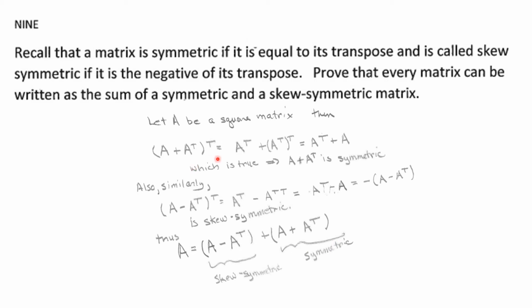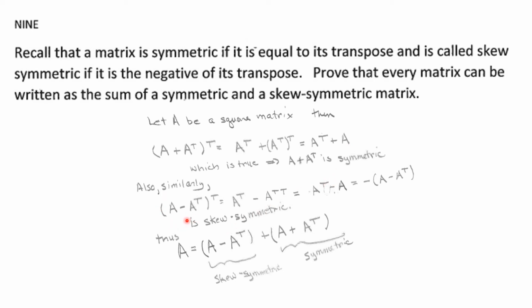If I take the transpose of A plus A transpose, it is A transpose plus A transpose transpose. That's A transpose plus A, because the double transpose gets you back to the matrix itself. So that is symmetric.